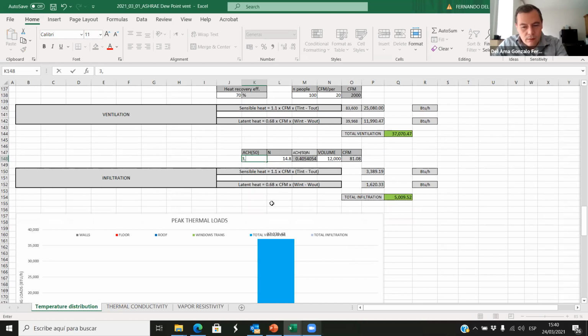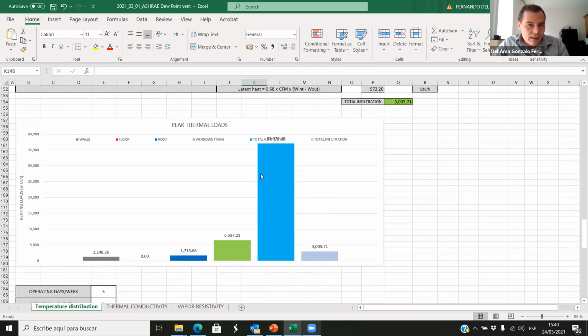Let's say 3.5, 3.6 is the result of the blower door test. And then we can calculate the infiltration loads here. And then by analyzing this, we can understand where is the problem. The problem is in the ventilation.